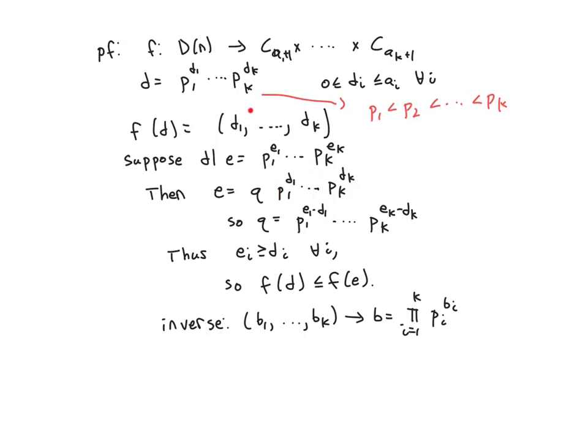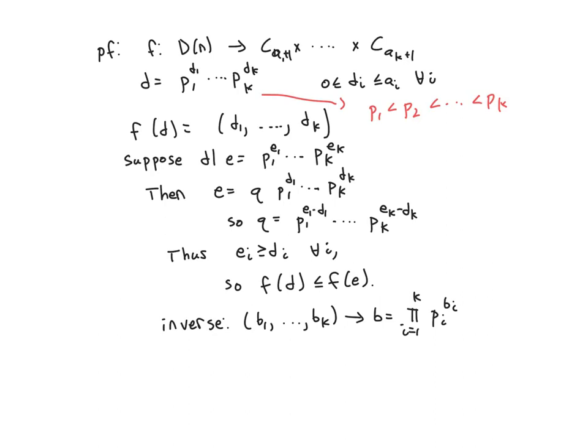This is just a fancy way of writing d. And so since this is true, the powers of p_i appearing in these two expressions have to be the same. So it tells you the power of p_i appearing in q has to be e_i minus d_i, so that when you do e_i minus d_i plus d_i, you get e_i.